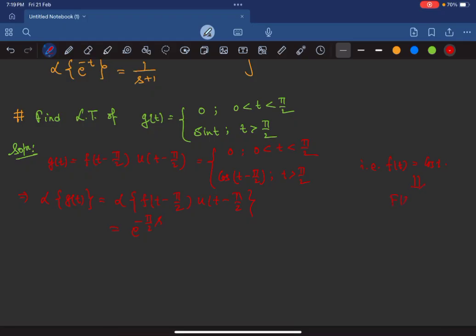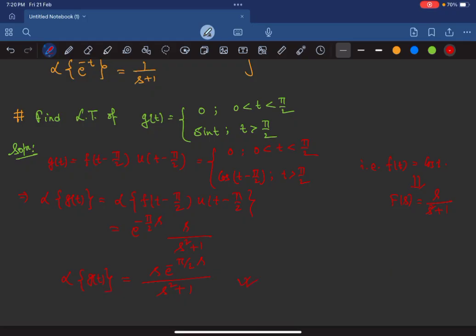F(s) is nothing but from here: s by s square plus 1. So immediately you get the answer, e^(-pi s by 2) times s by s square plus 1. That is the Laplace transform of the g(t) function.